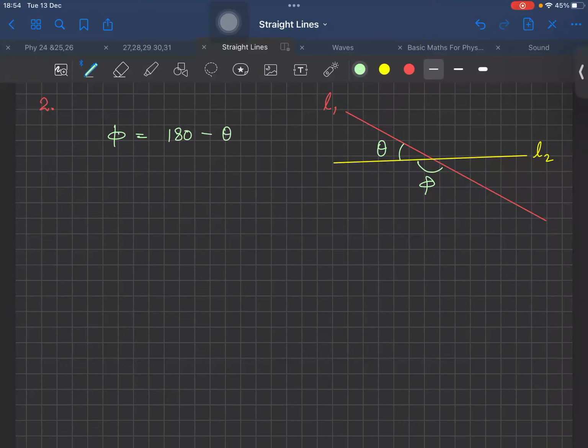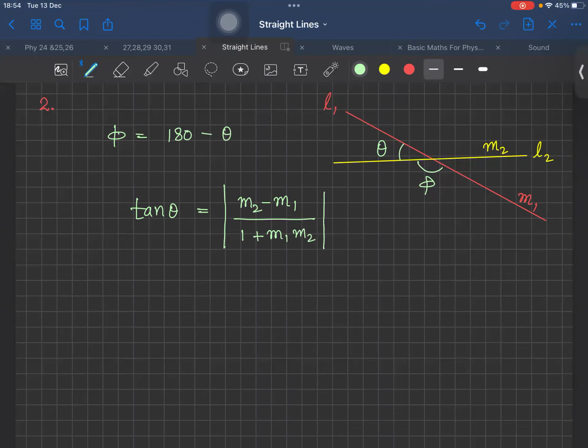Now let's say the slope of this line L2 is M2 and the slope of line L1 is M1. So how are you going to find the angle theta? tan theta is equal to modulus of M2 minus M1 divided by 1 plus M1 into M2.